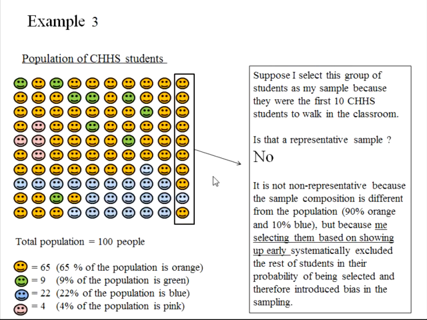Because I selected them based on them showing up early in the building or in my class, and that makes them sort of different than the other students who did not show up that day, let's say. So these students who did not show up or showed up late were excluded. They had a 0 probability of being in the sample, and that's what makes this sample a biased sample or a non-representative sample.